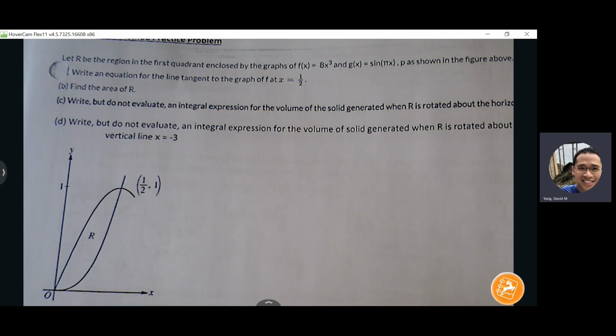Find your ordered pair, find your slope. To find m, you have to find the derivative and plug in. Plug one half into the derivative.